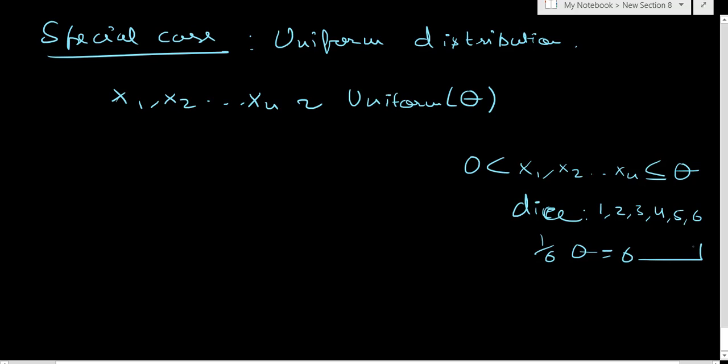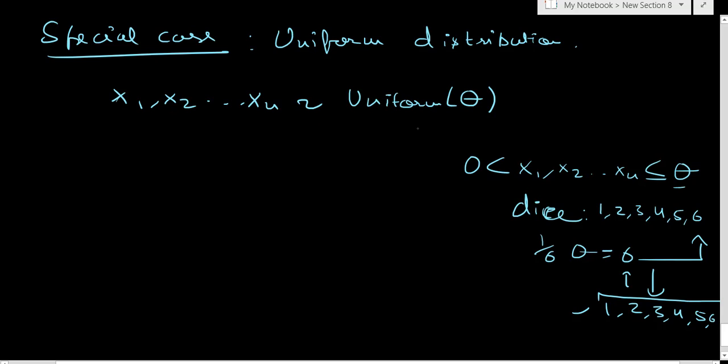It is the highest value here. So any value you will get out of this dice would be 1, 2, 3, 4, 5, or 6. All these values are less than or equal to 6. So whatever value of sample you might get, all these values would be less than or equal to theta. That is something you need to remember.